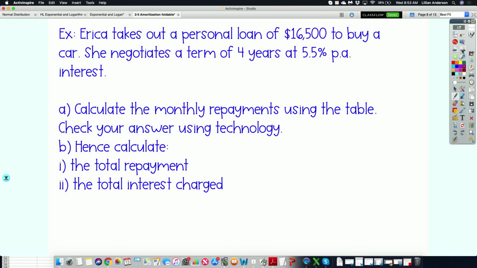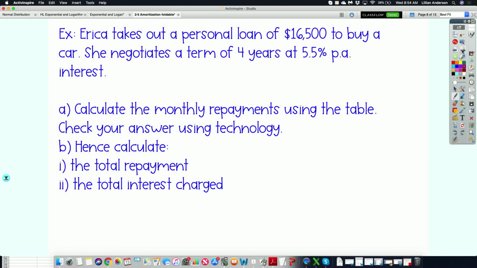Ready? Let's look at Erica. Erica takes out a personal loan of $16,500 to buy a car. It's probably your most basic standard, no GPS, no leather seats type of car for $16,000. Probably a Toyota Corolla. If anybody has a Toyota Corolla, I am not trying to throw jabs. I'm just saying that's probably about the price of a Toyota Corolla.